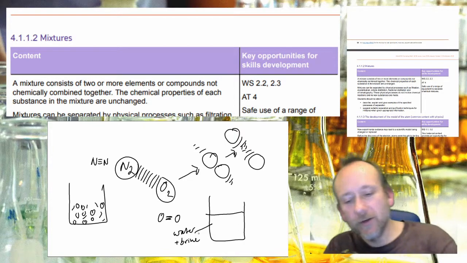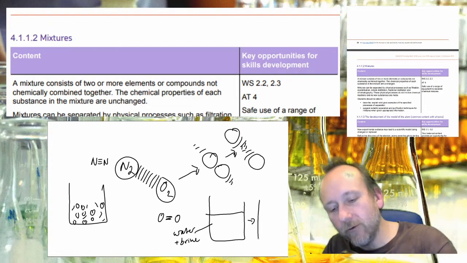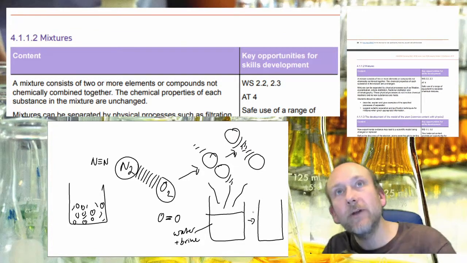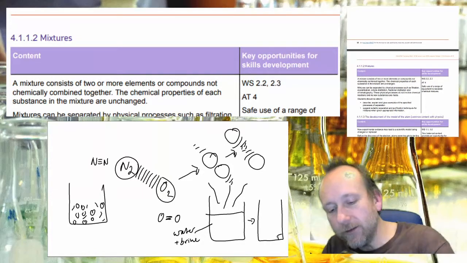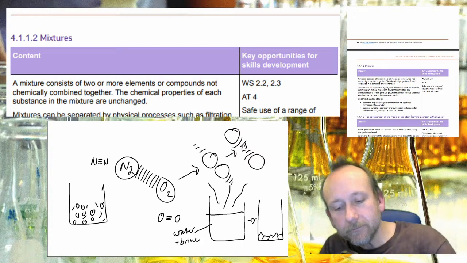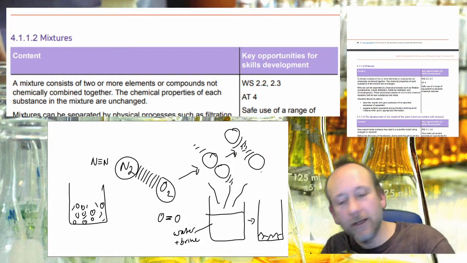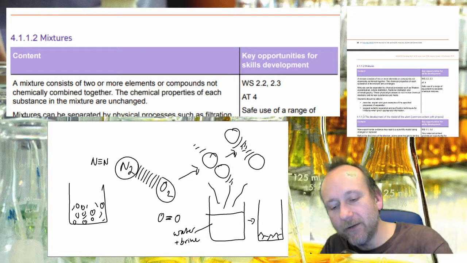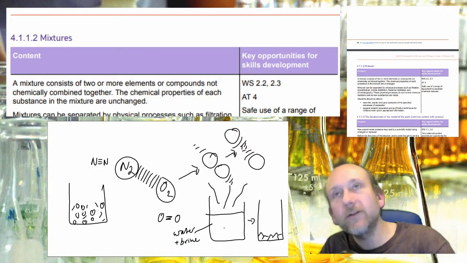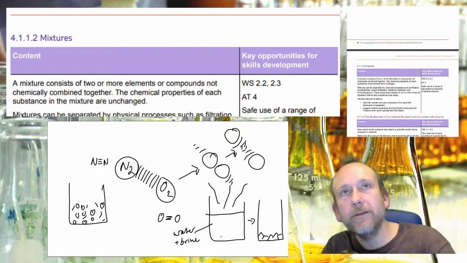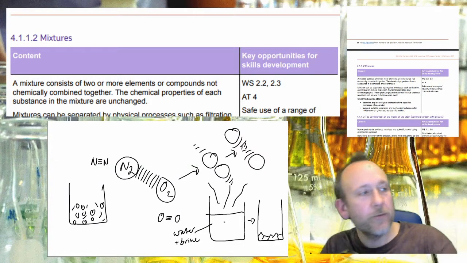What you can do is leave it to stand, and after a while the water evaporates, and what you're left with is just the salt crystals. Now this is some time later, obviously. The water has all gone, evaporated, and that would have been a mixture because the salt is not chemically combined with the water.